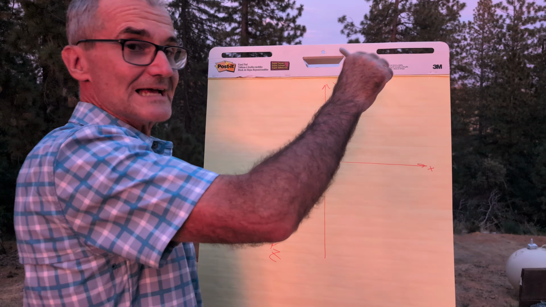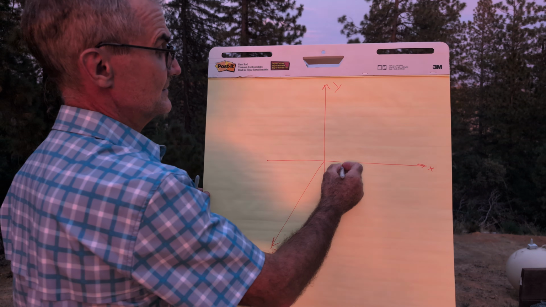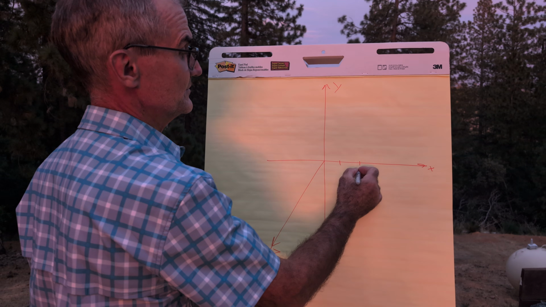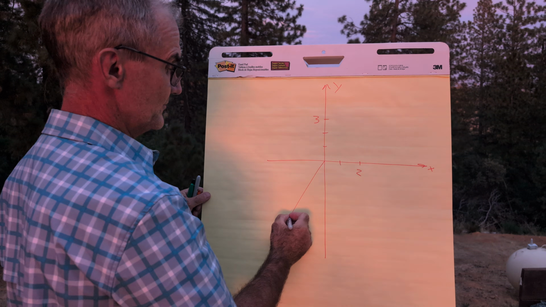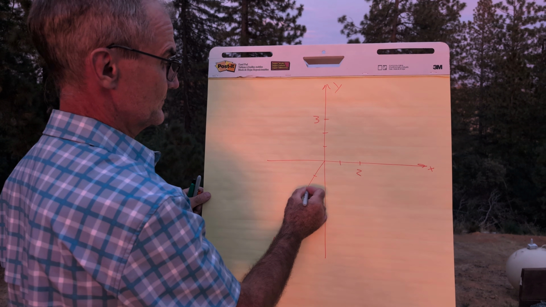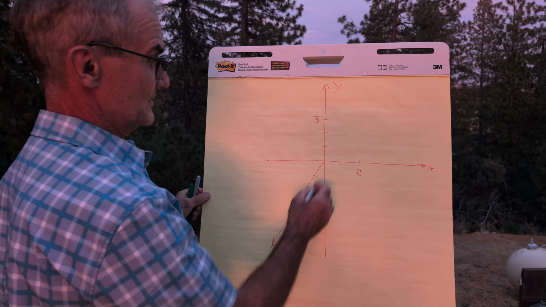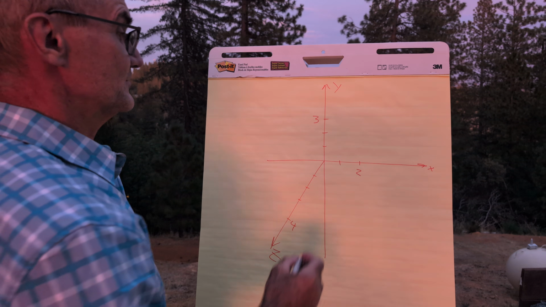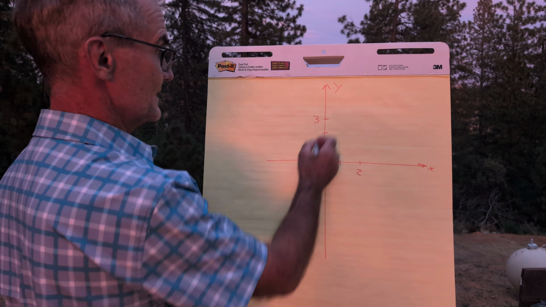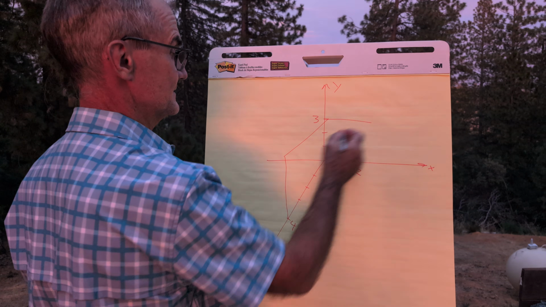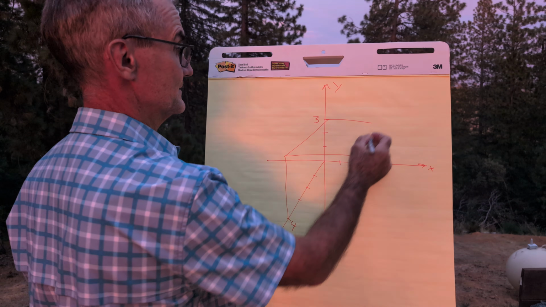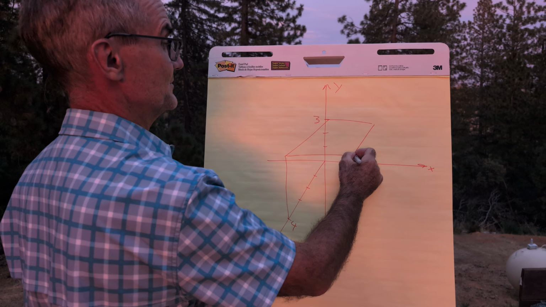Now this point is out in space here. Like let's say I go over 2, up 3, and out 4. That thing's coming straight out, but I can't really draw that. The way I draw this box is I draw this line up here, that line like that. Oh, did I screw that up?